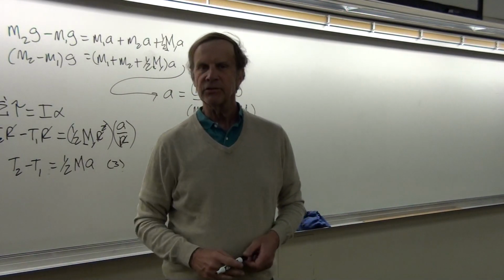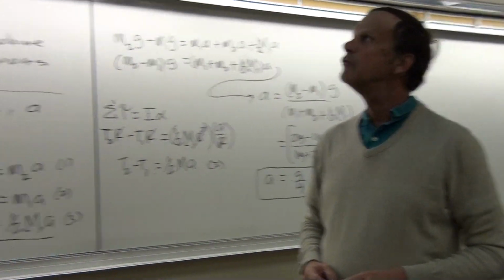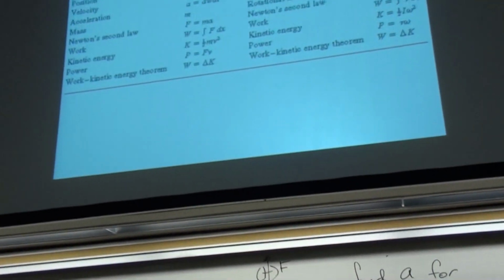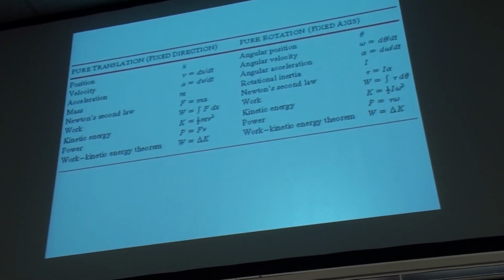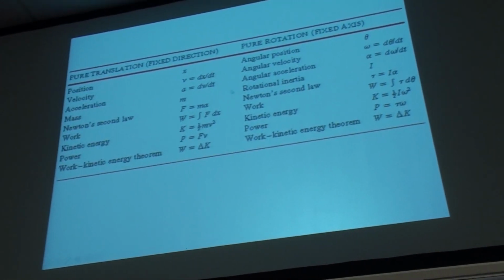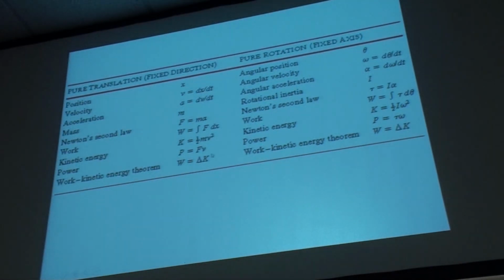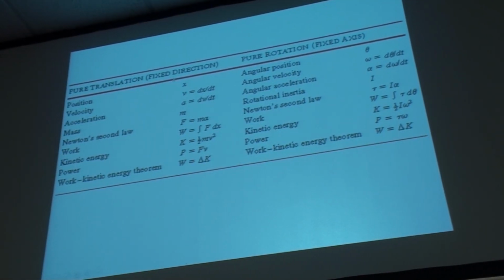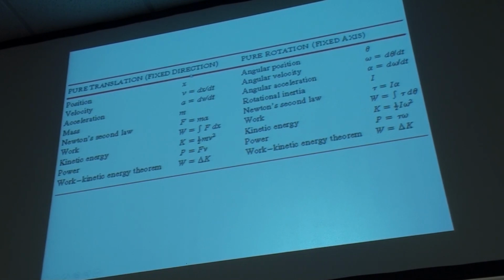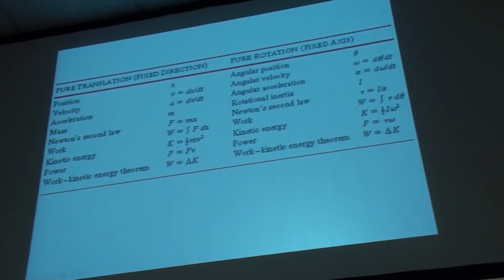Okay, now next what I want to do is to introduce the concept of rotational kinetic energy. And so you'll notice in the data projector slide, we have some correspondences that I wanted to point out to you between pure translation, which just means motion of the center of mass, and pure rotation, which is motion about the center of mass.